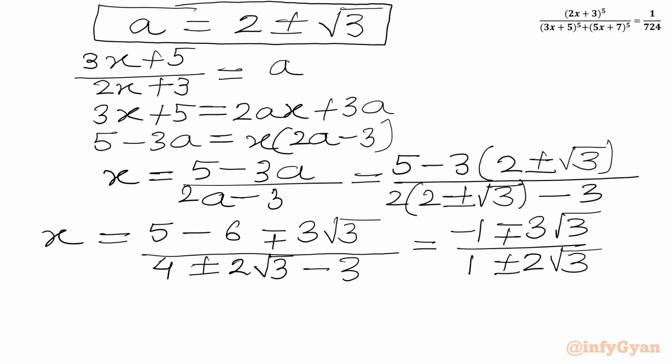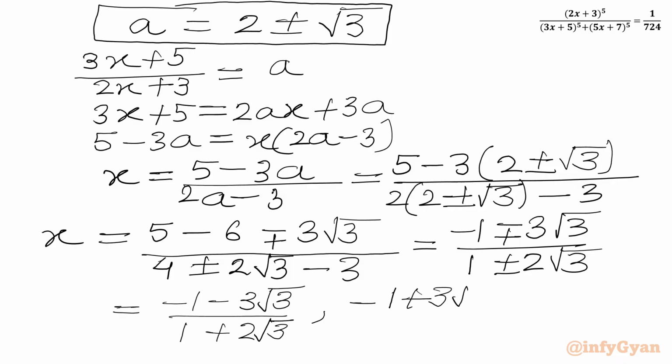Now we have to rationalize our denominator. So let's write in single sign form. I will be writing minus 1 minus 3 root 3 over 1 plus 2 root 3 as the first solution. And the second would be minus 1 plus 3 root 3 over 1 minus 2 root 3.